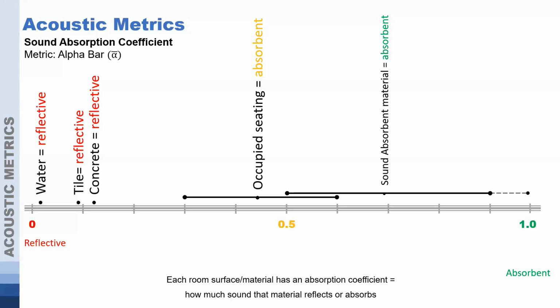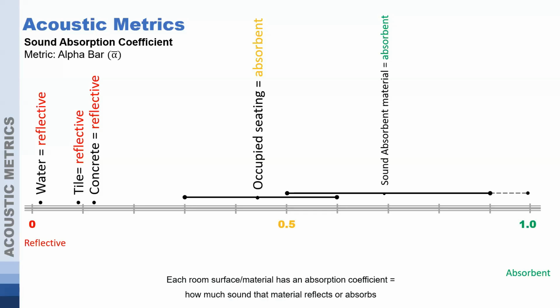Now, for all intents and purposes, most rooms are going to have some kind of number that falls between 0 and 1. Most of them are going to be somewhere around 0.05 or so, up to, practically speaking, maybe 0.8 or so. That's kind of the range of rooms.